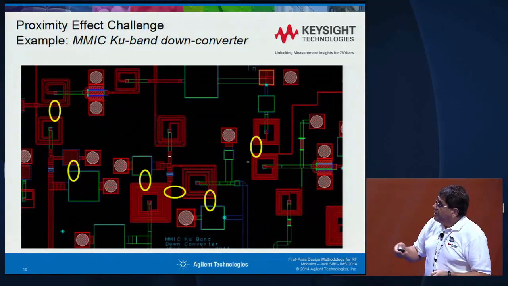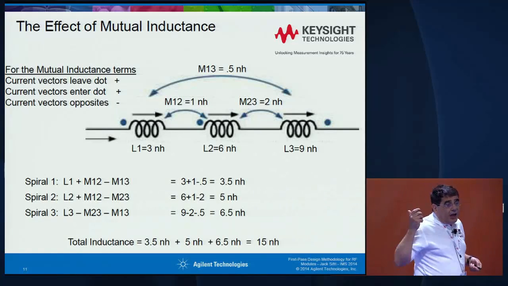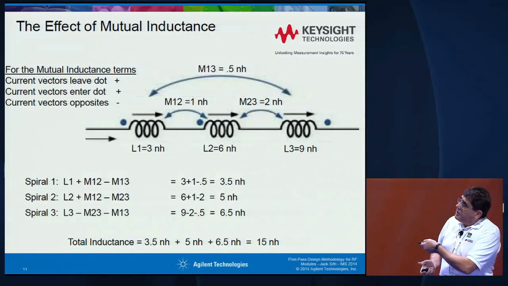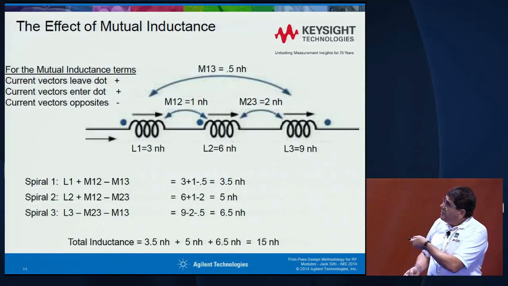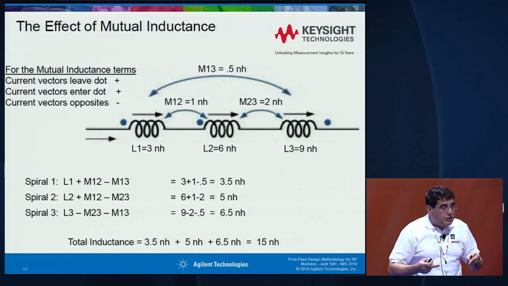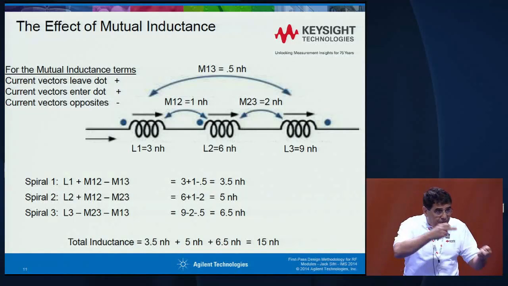To illustrate this concept, I go back to basic inductor theory. If you have spiral inductors, 3 of them in series, notice the dot here, this one is flipped. When you flip the dot, the current flow is different in every inductor. The mutual inductance between each one could be positive or negative.